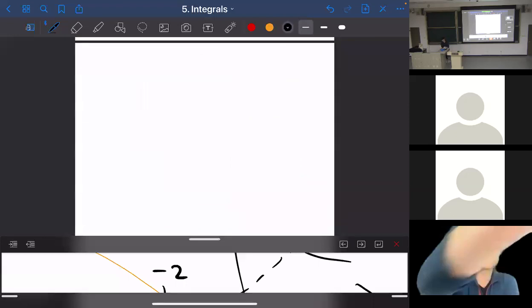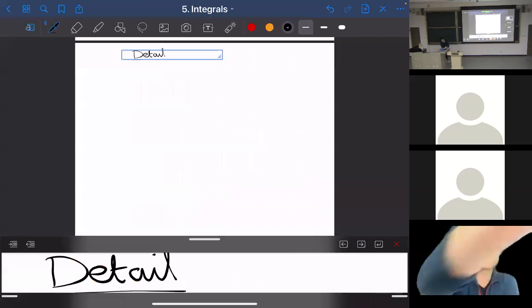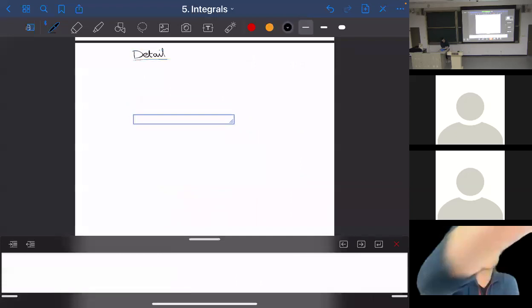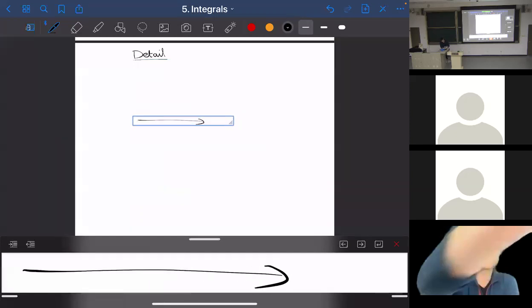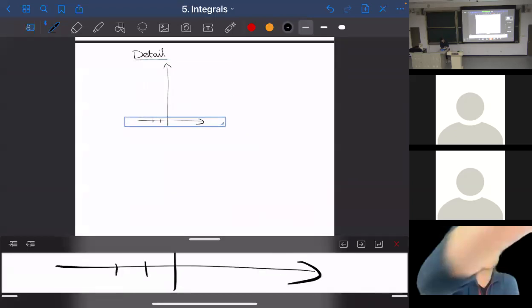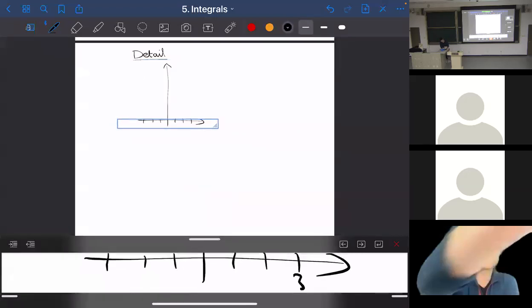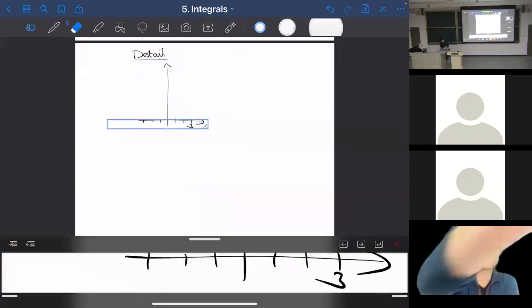So another point about graphs, about detail. You'll have noticed in class my graphs aren't that accurate in numerical terms. I mean, I could do something like this.